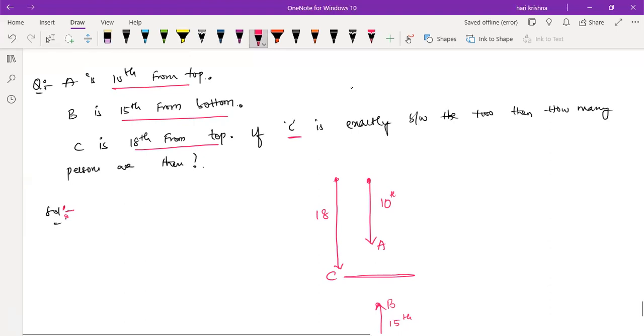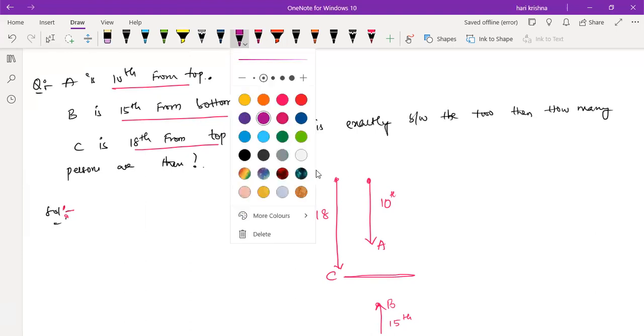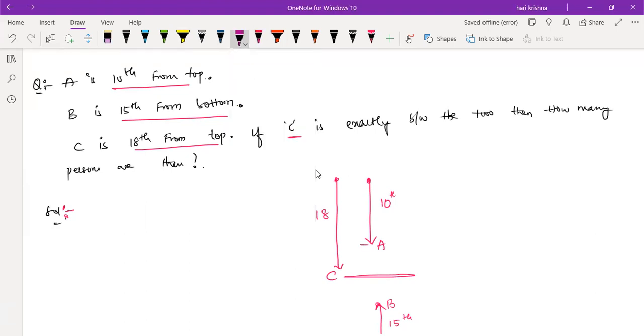What is the value from A to C? It is 10th and it is 18th. That means it is 8 only, right? Understanding this problem? A is 10th from the top and C is 18th from the top. That means the difference between A and C is 8 places.